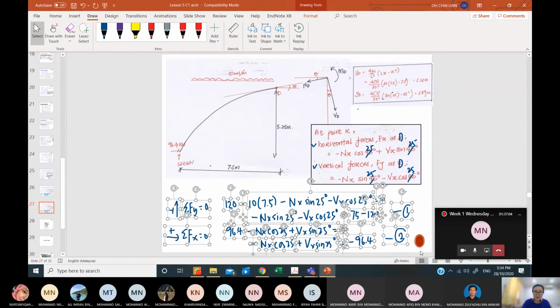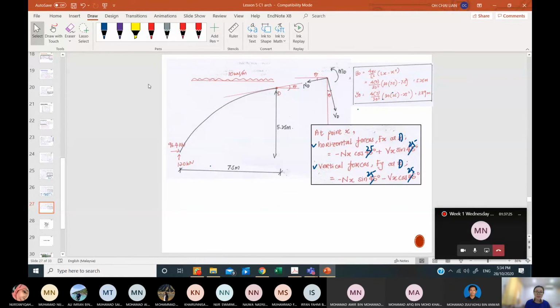All right, so I have my Nx and the Vx, or you want to put it more specifically to point D, there is no problem, ND, VD. So I can also determine my MD right now. I'm going to erase this whole thing.